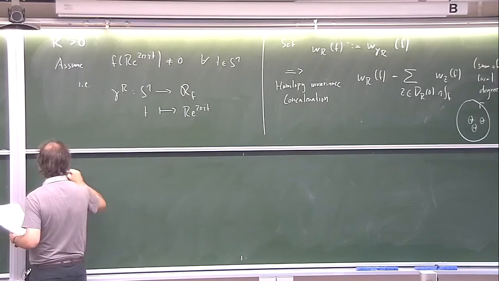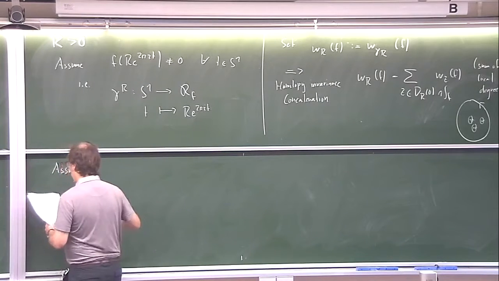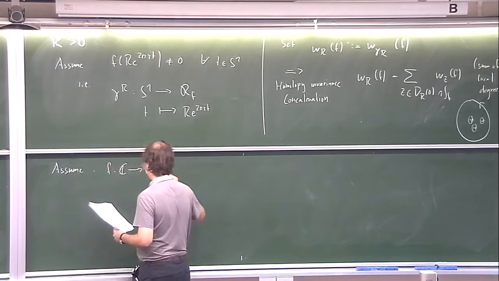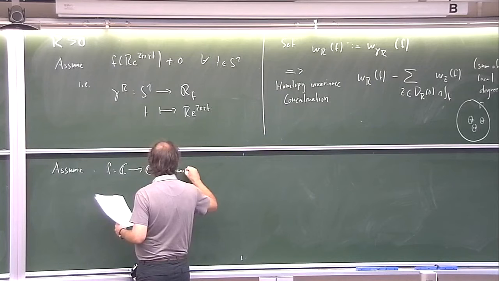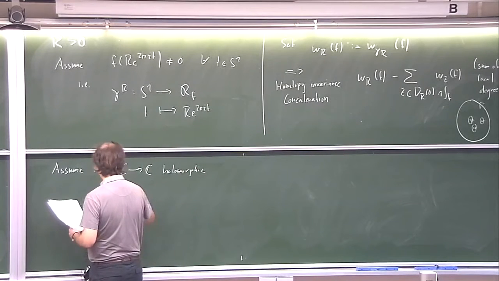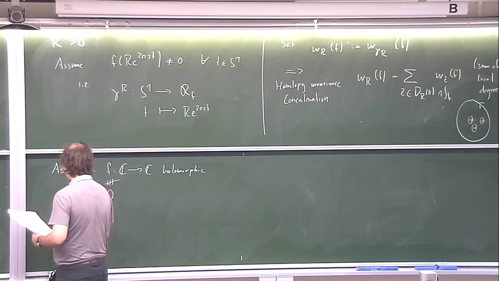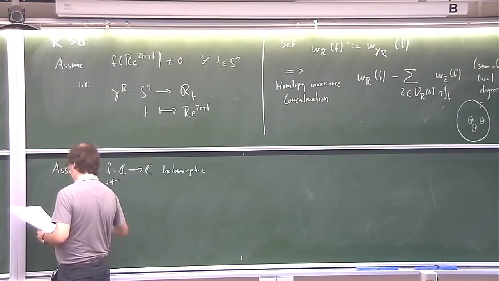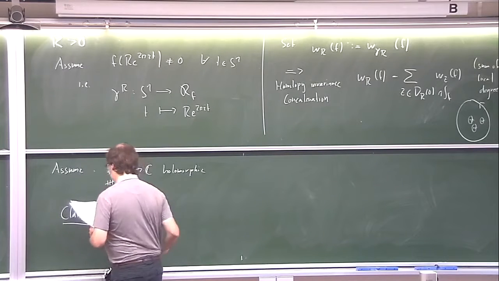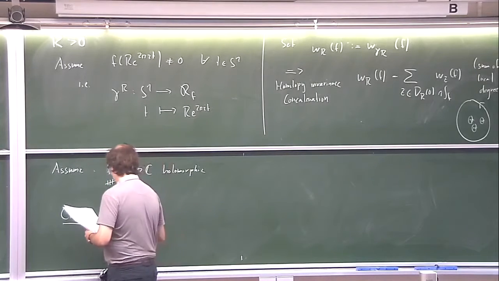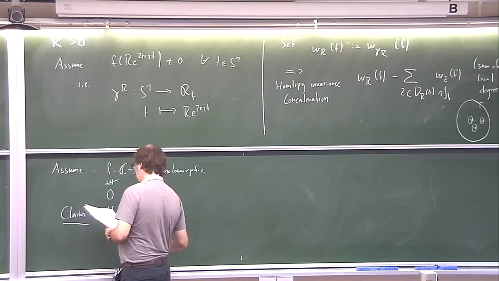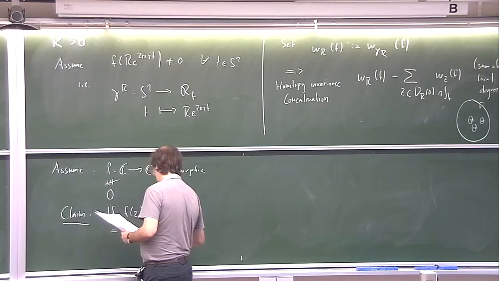So assume that f from C to C is holomorphic, and assume it's not identically 0. Then if f of z0 is 0, we have that this local winding number is always bigger than or equal to 1.